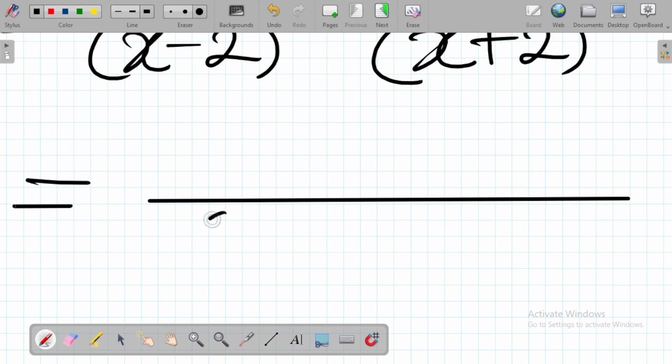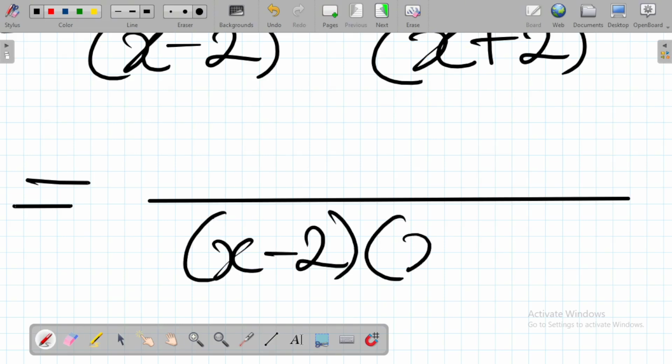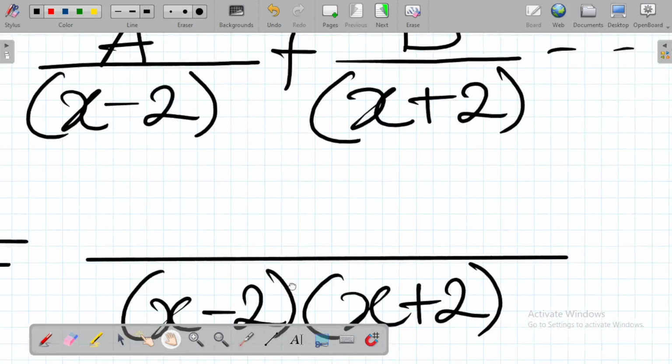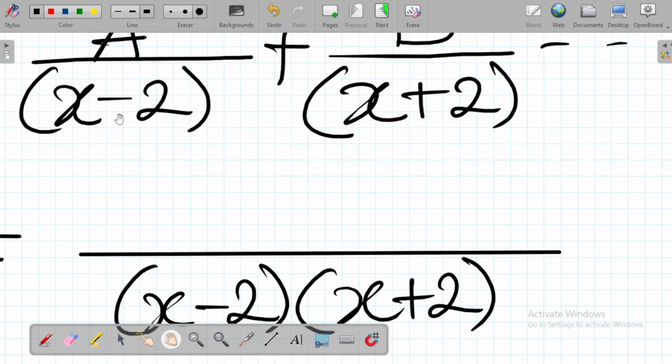So we have x minus 2 multiplies x plus 2. So this is the LCM. Now x minus 2 into this denominator, you will notice that x minus 2 cancels out x minus 2. So we are left with x plus 2. So x plus 2 will multiply a.